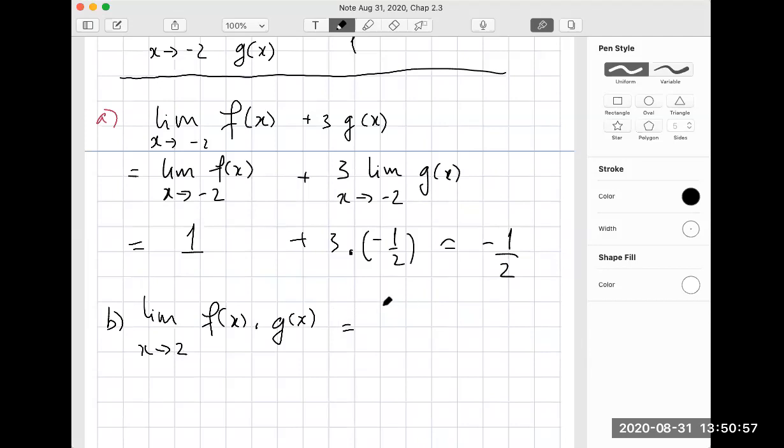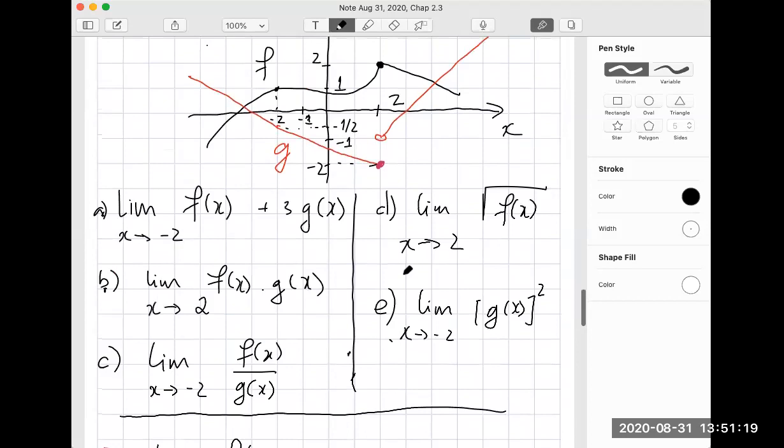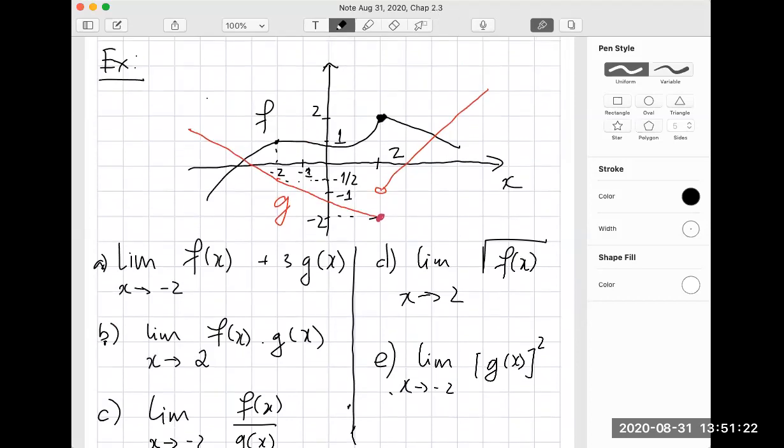And we know that from the product rule, it is the limit of f of x when x approaches 2 times the limit of g of x when x approaches 2. The limit of f of x when x approaches 2 is 2, right? We know it right here. But g of x, look at this.